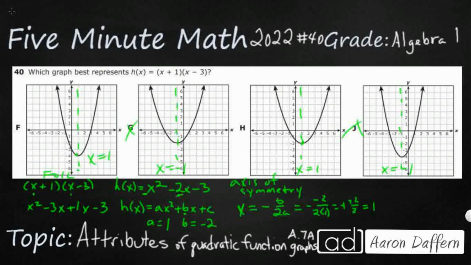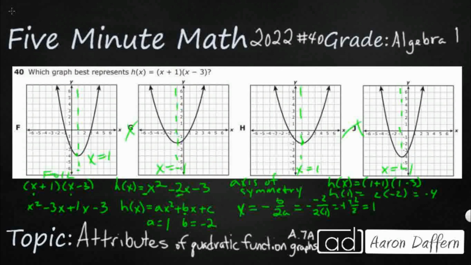So let's just say h of x equals, and then I'm going to plug the 1 back in, 1 plus 1, and then 1 minus 3. So that's going to equal 2 times negative 2. So h of x, when you've got h of 1, then your h of 1 equals negative 4, all right?